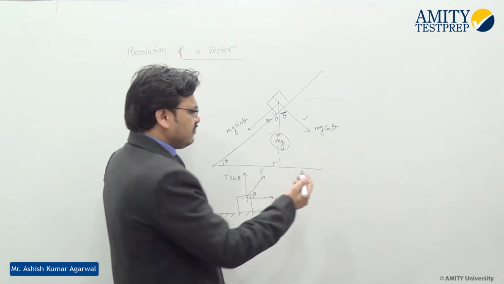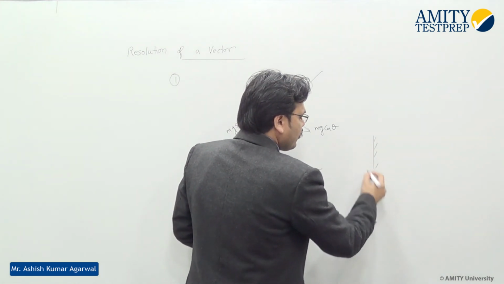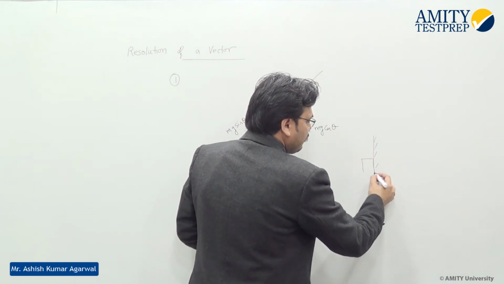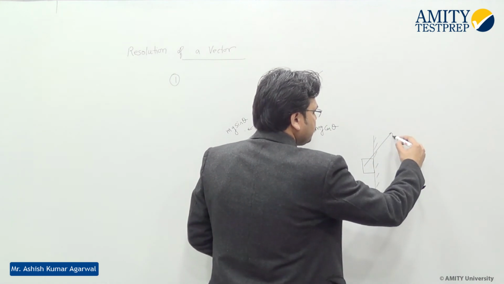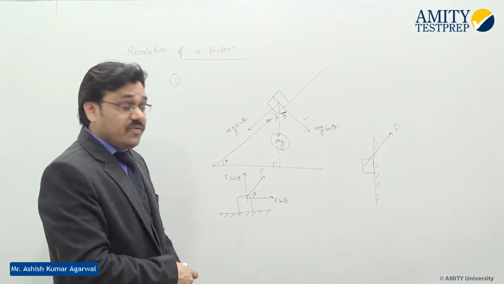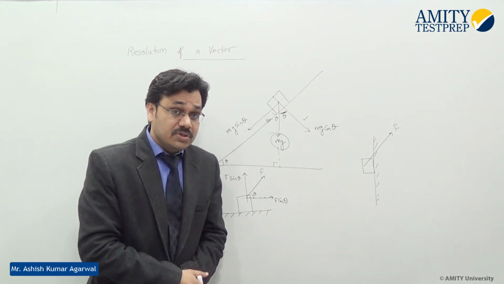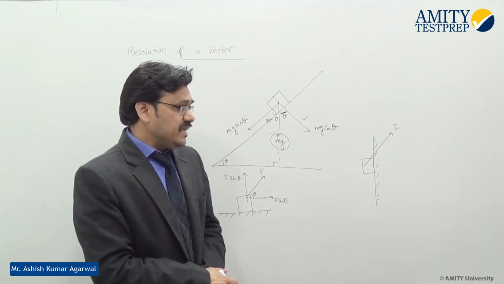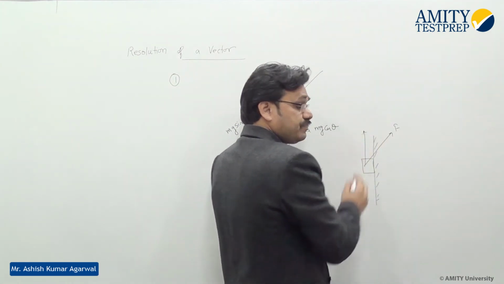For example, I am just taking a vertical wall. If I place a block here and apply a force in this direction, where can this force move the block? You can see this force can move the block along the vertical wall.